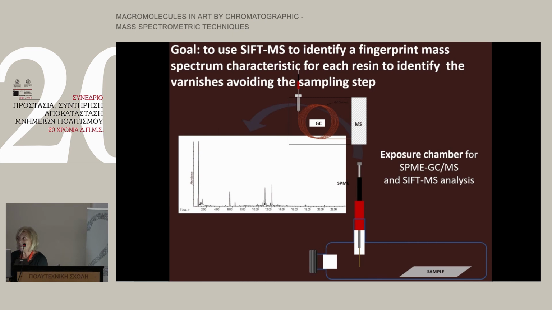Indeed, we used a chamber like this with the sample inside, and for a settled time, we acquired at first with the fiber the volatile compounds, and we analyzed them in GC-MS.